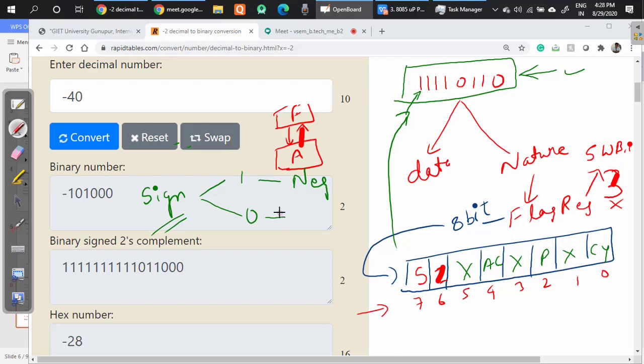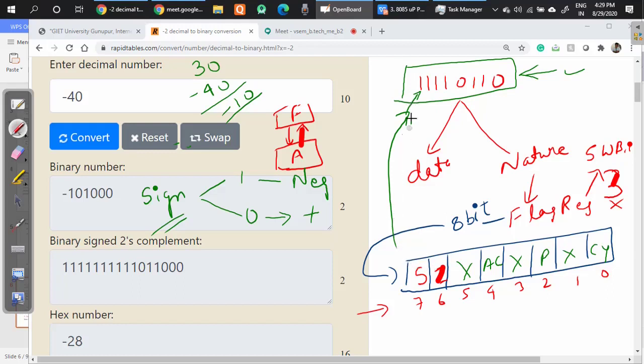And if the last bit is 0, the number is positive. Now, if you remember the two numbers we took, 30 and minus 40. If I add these numbers, I'll get what? Minus 10. Yes or no?